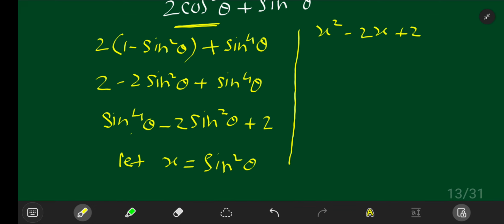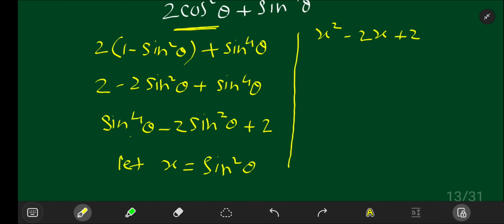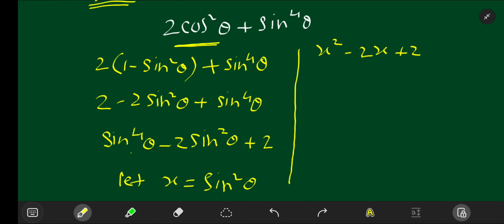I assumed sine square theta equals x, so in place of sine square theta, I substituted x. No confusion.